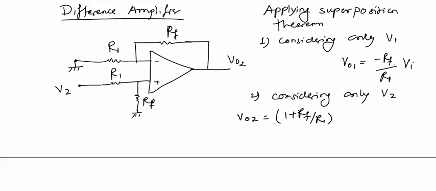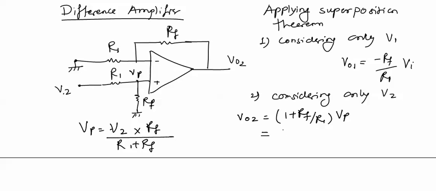In the previous case, gain was minus RF upon R1 into VP. And we know that VP can be calculated from this network. According to potential division rule, VP will be equal to V2 into RF upon R1 plus RF. This will be substituted here. So this voltage will be equal to 1 plus RF upon R1 into RF upon R1 plus RF into V2.